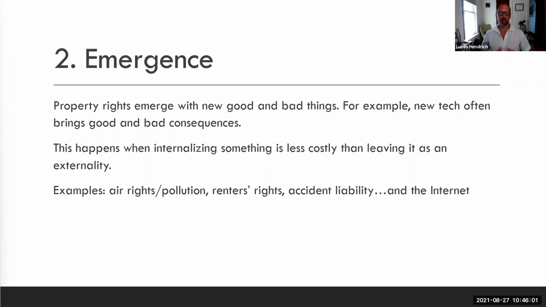And examples are easy to find with air rights and pollution, renters' rights, accident liability, particularly with the advent of the automobile. And then, although he doesn't mention this, it predates Demsetz or this paper, is the rise of the internet, which you can imagine a lot of new good and bad things, essentially, those being externalities that are introduced.